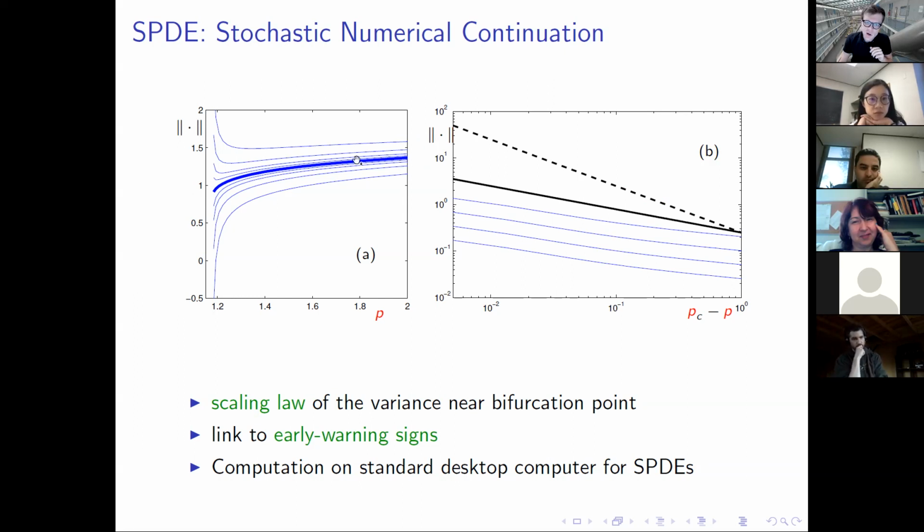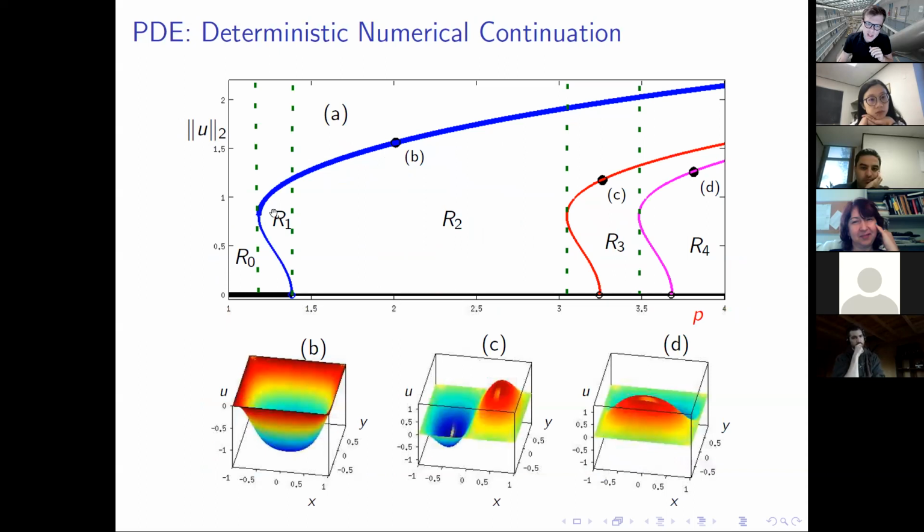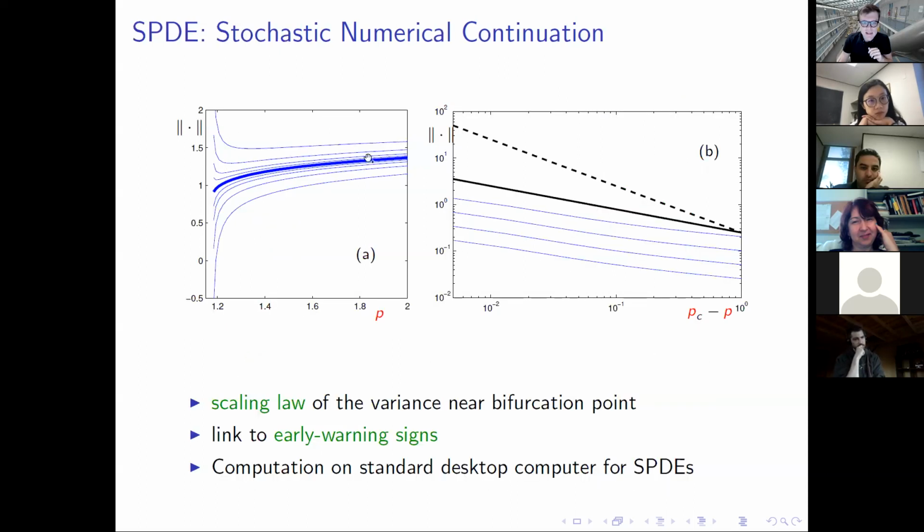And you see here, the closer and closer I come to this fold bifurcation point, the bigger and bigger the stochastic fluctuations get. I've plotted here the stochastic fluctuations for different noise sizes. So you see that there are more and more fluctuations the closer I get to the bifurcation point.